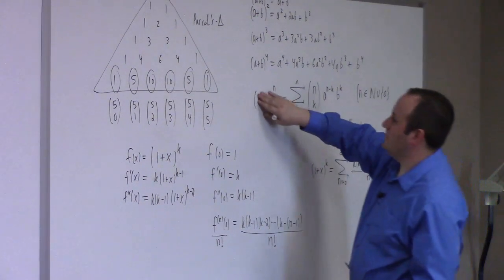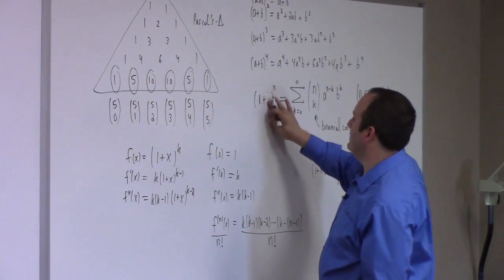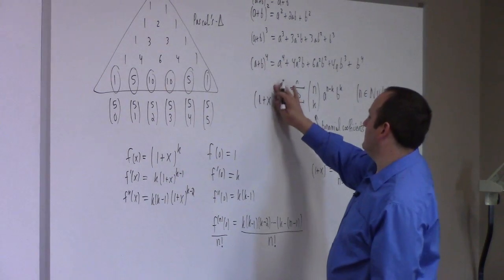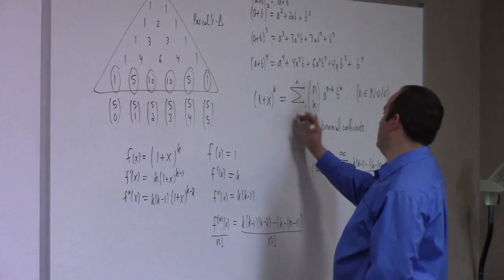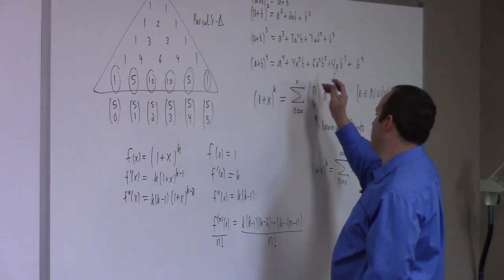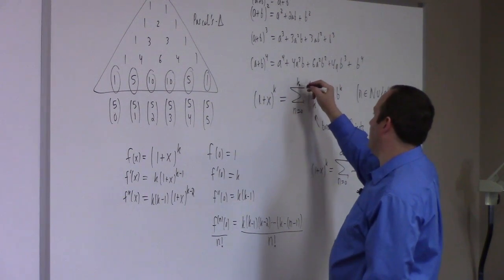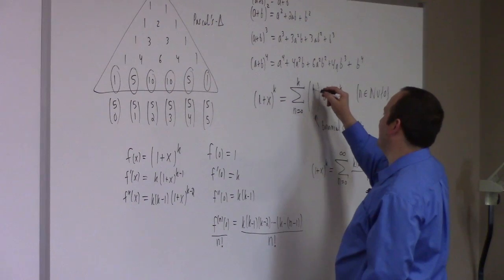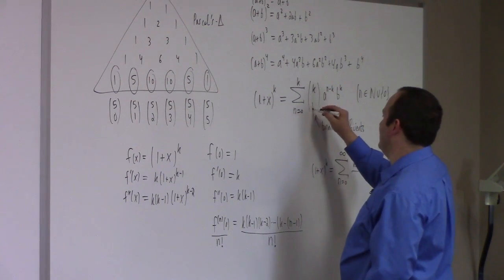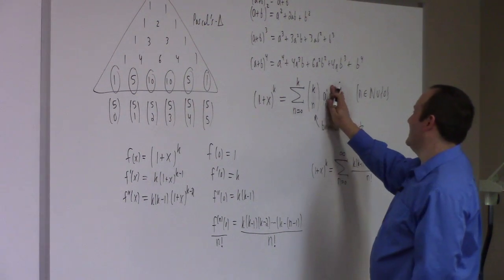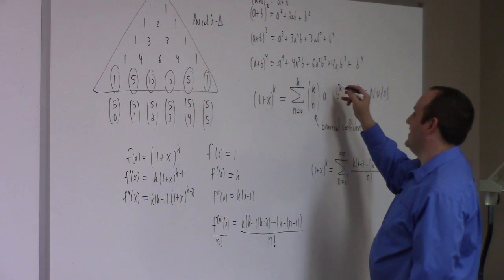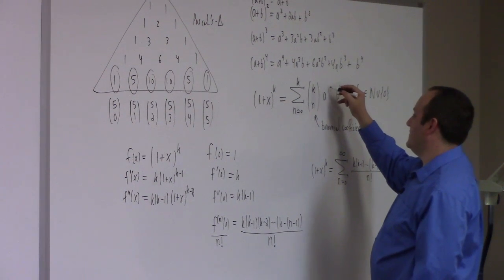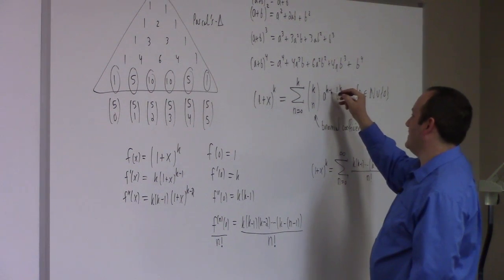If I put 1 plus x to the k, n equals 0 to k. Oh, unfortunate. Sorry, guys. I just realized the badness. Oh, man.